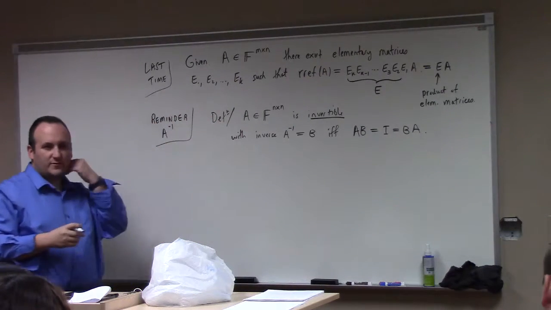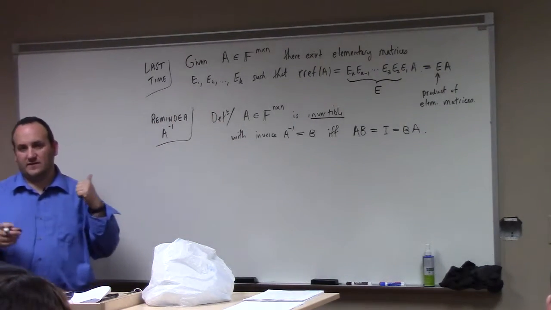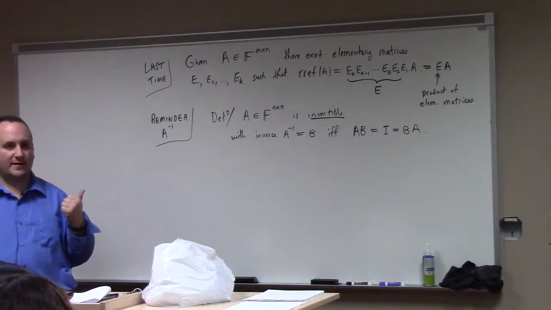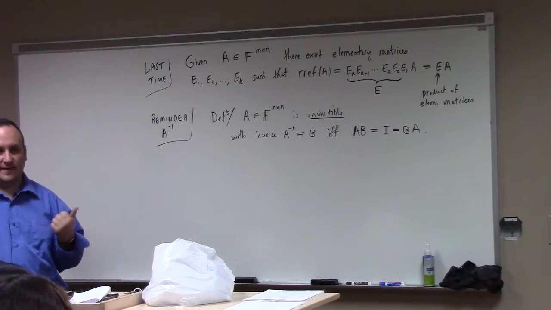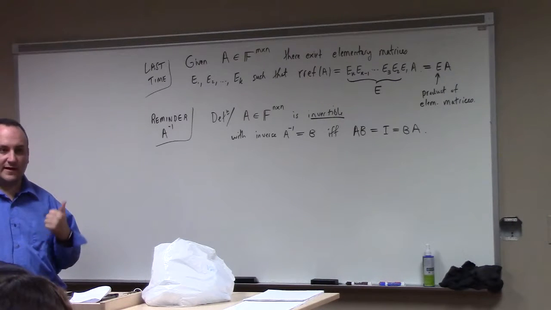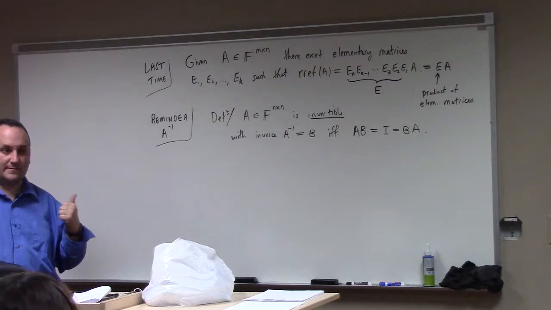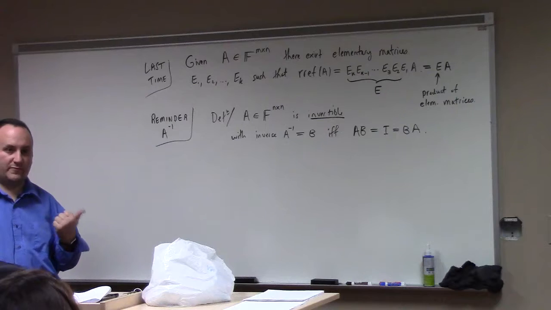To state it in a less awkward way, if there exists a B such that both AB is equal to the identity and BA is equal to the identity, then that matrix A is said to be invertible, and the inverse of that matrix is B. And we proved that that was unique.